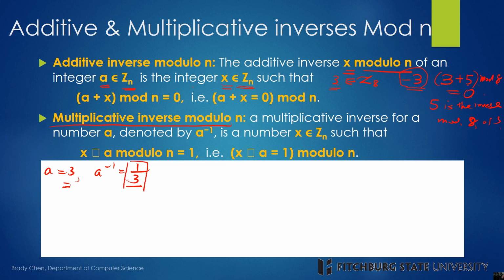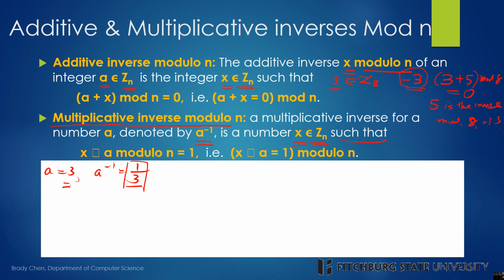In our definition of a multiplicative inverse modulo n, we still use the notation a to the minus 1, a number x which belongs to Zn such that a times x modulo n is 1.